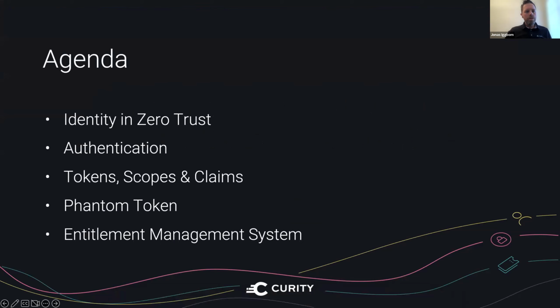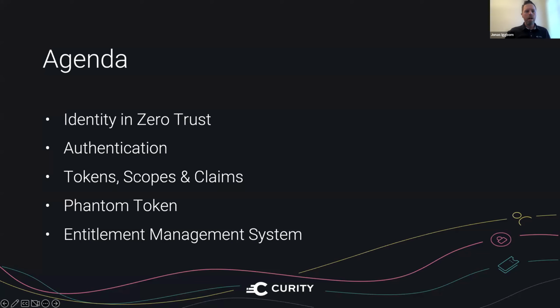So Bill sort of prefaced the agenda a little bit here, but I'll start diving into what we need for identity when we talk about zero trust. It's obviously sort of a key part. Authentication is usually something that's needed in this, right? We need to be able to know who the user is. And that kind of prefaced the token-based architecture a little bit, where we are going to take a look at tokens and what scopes and claims do with tokens or in tokens.